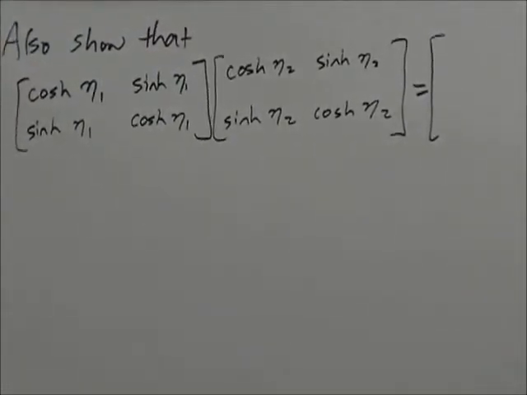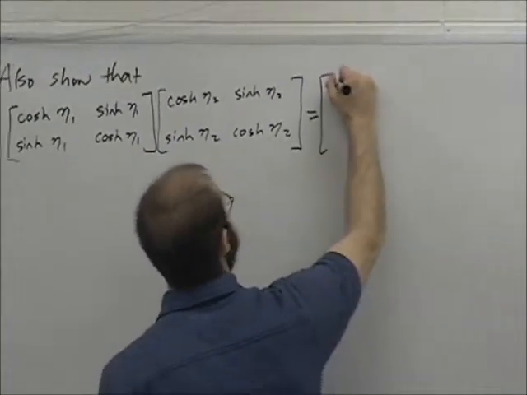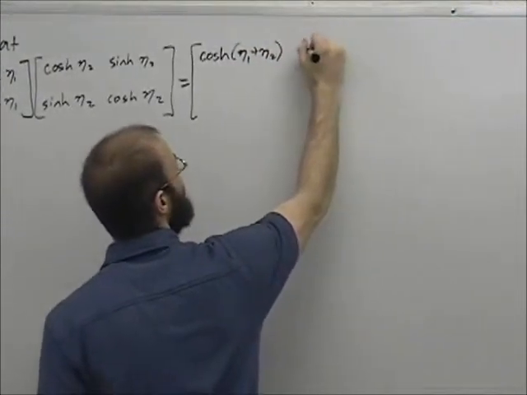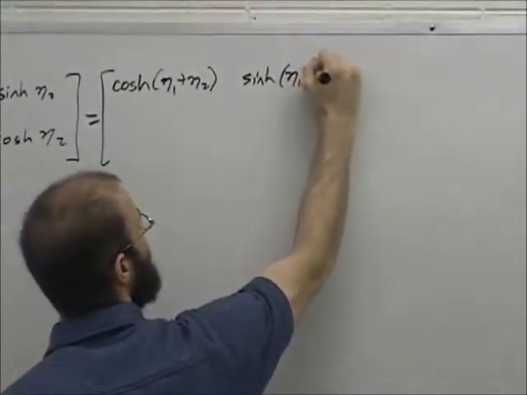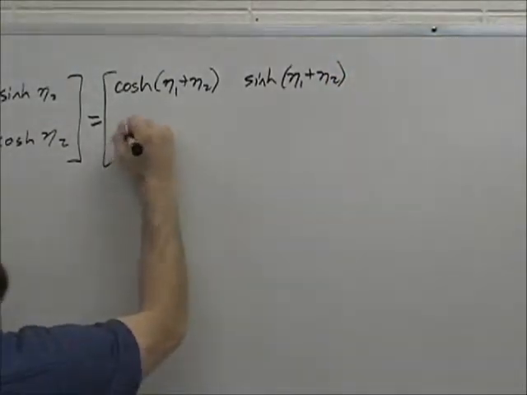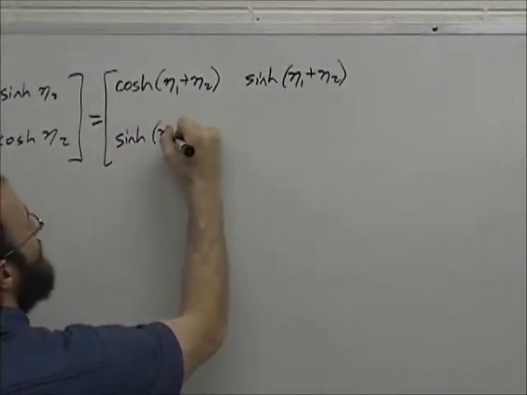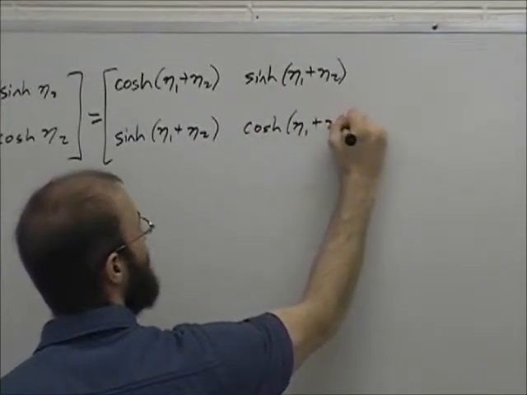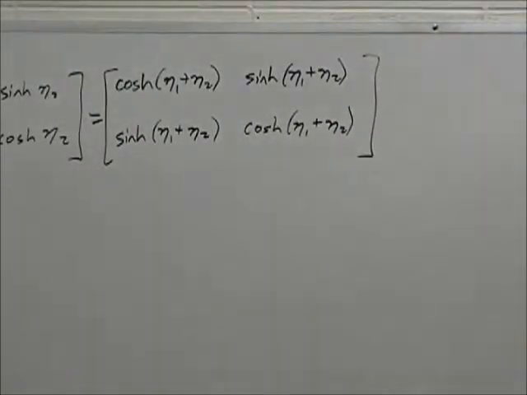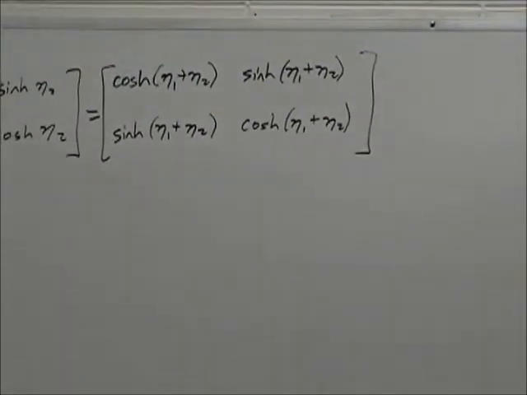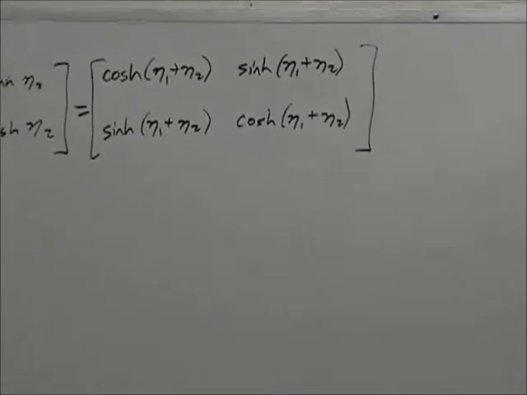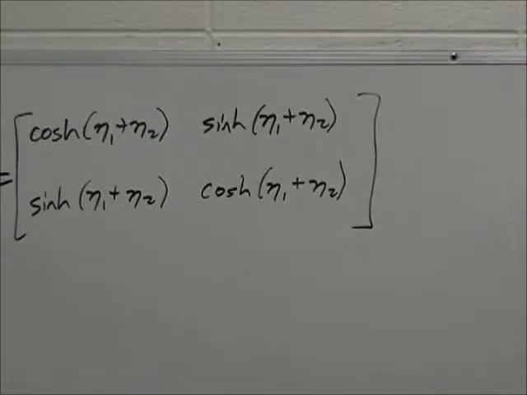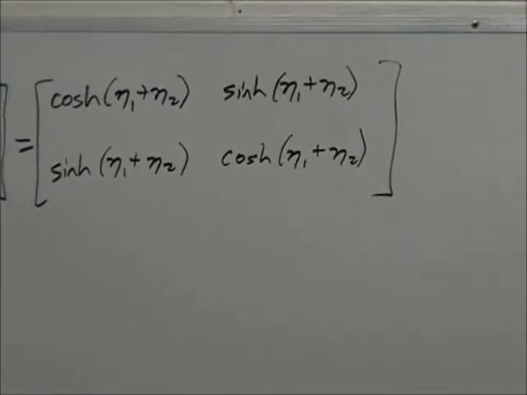The answer is particularly nice. It's basically like you're adding hyperbolic angles: cosh of eta 1 plus eta 2, sinh of eta 1 plus eta 2, sinh of eta 1 plus eta 2, cosh of eta 1 plus eta 2. Every time I see a cosh or a sinh, I feel like I'm doing applied math. It's no longer so abstract that I can't touch it. These hyperbolic functions are familiar from calculus.